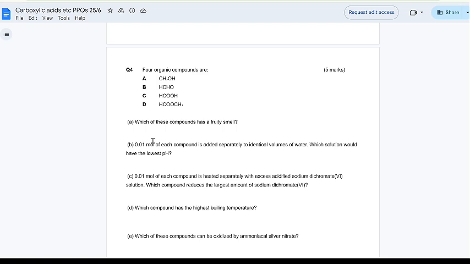What's a lower pH? A carboxylic acid or an ester? Would definitely assume a carboxylic acid. Unless I'm discounting B too quickly. HCHO. What's the formula there?